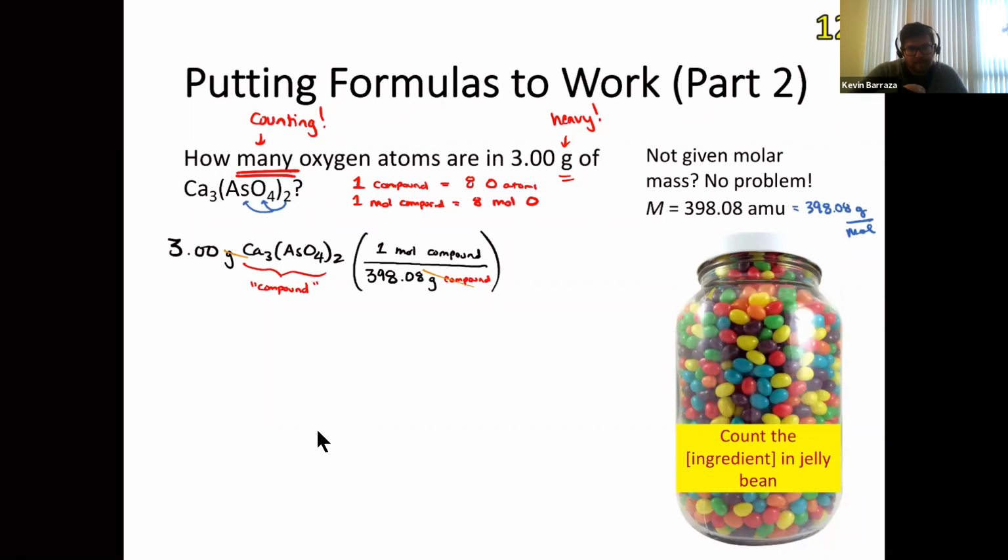Either one of these is a correct relationship, and it shows that this type of problem actually has 2 different ways to solve it. So I'm going to use: 1 mole of this substance will have 8 moles of oxygen. One mole of compound has 8 moles of oxygen.